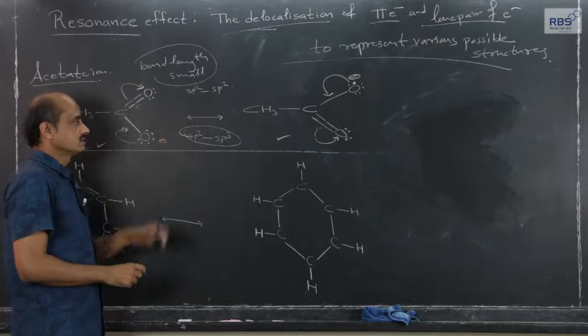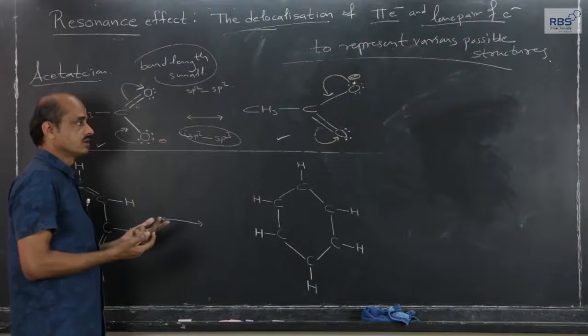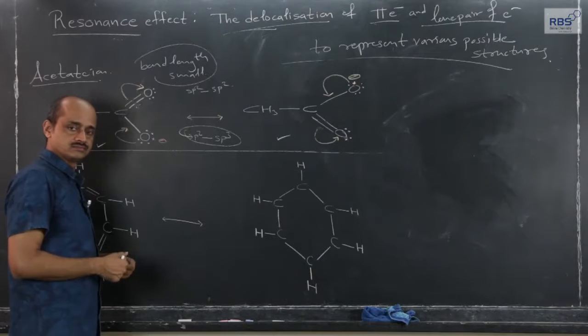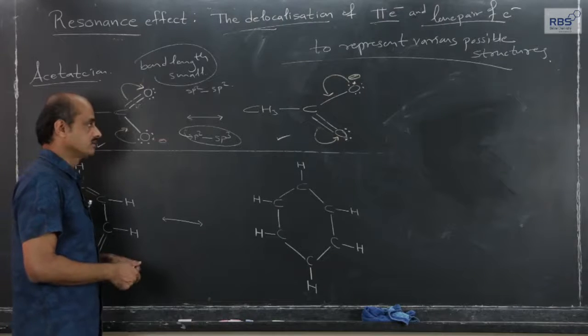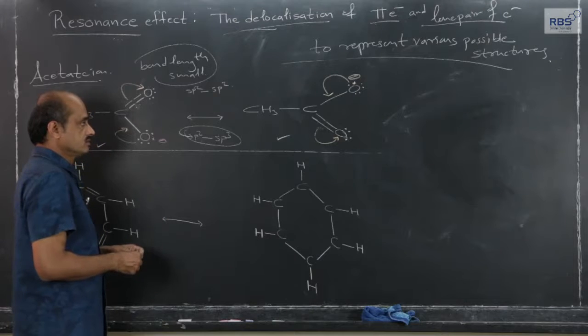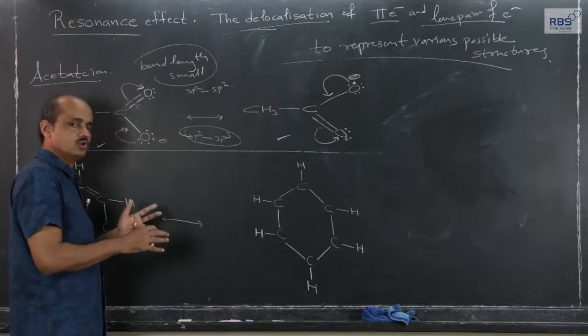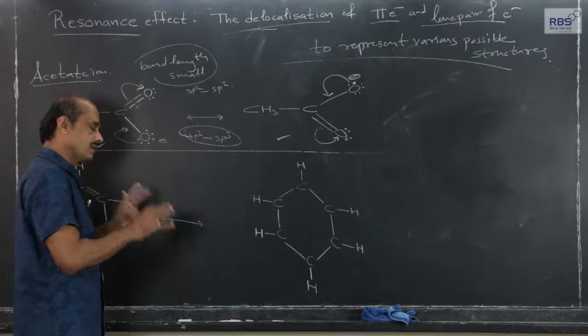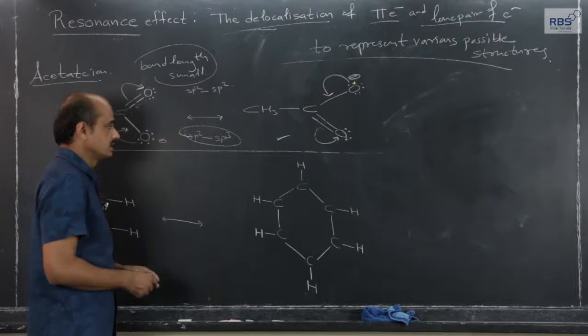These are the two structures written on the basis of whatever knowledge we have: outermost shell, shared pair, single bond, double bond, hybridization. But the actual properties, it is not that they do not match at all, they match, but not entirely, not completely.